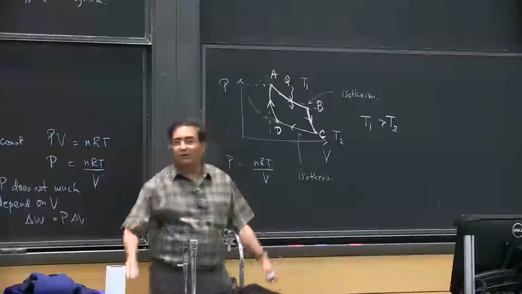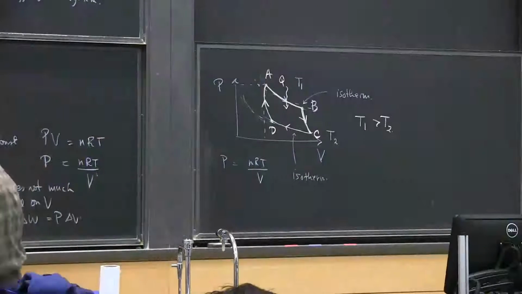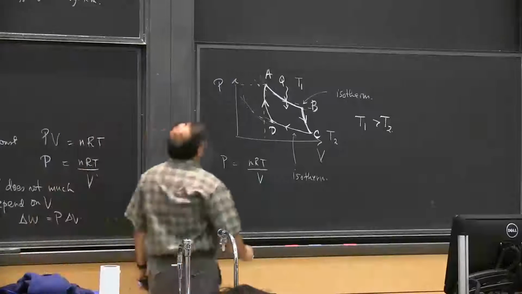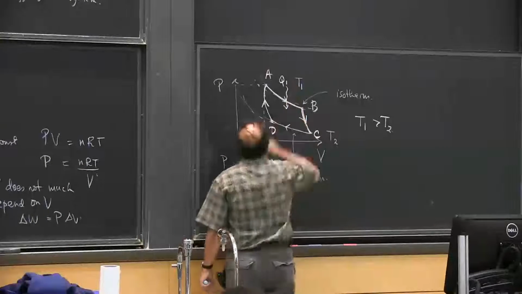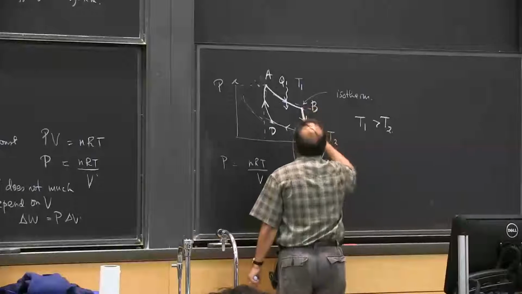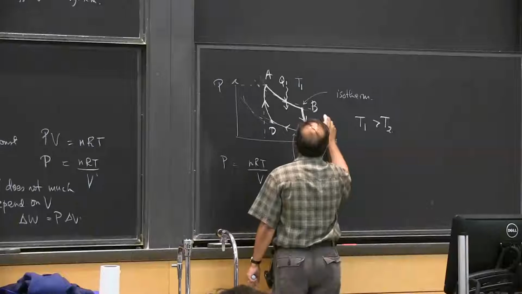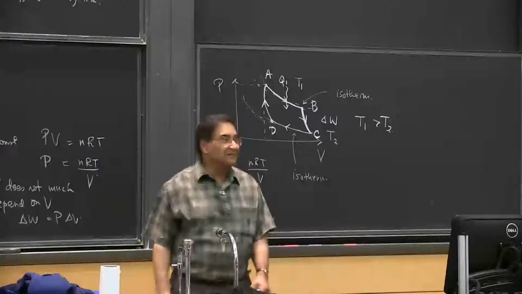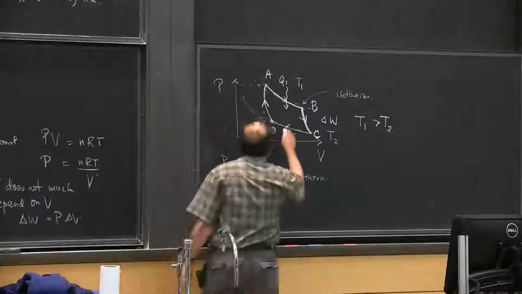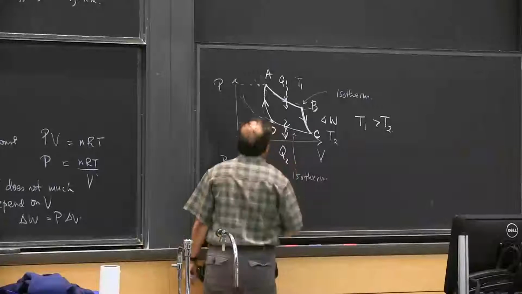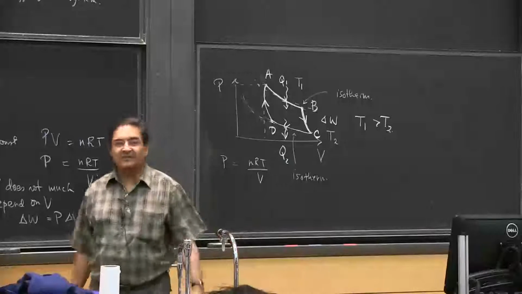This is your delta Q, if you will, in the first law statement. So let's say it takes in heat Q1. During this adiabatic expansion, it actually does work, delta W, then it gives off the energy it couldn't use, Q2, and then goes back.